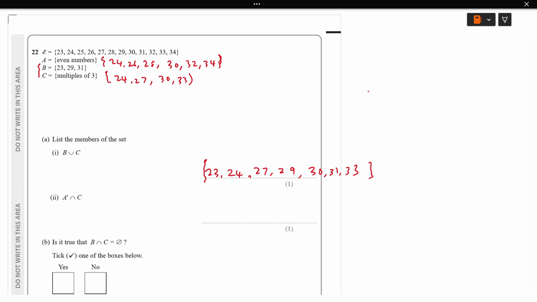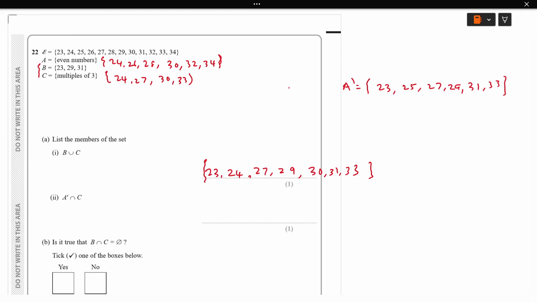I'll write A dash here. 23, 24 cannot come. 25. See, all the odd numbers, which is 25, 27, 29, 31, 33. These are all the numbers of A dash, other than A from the whole set.